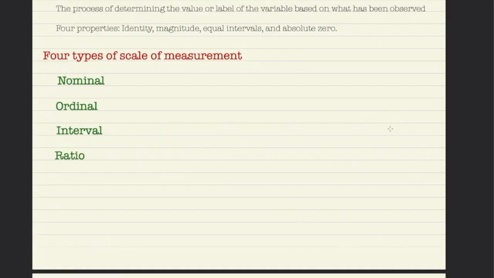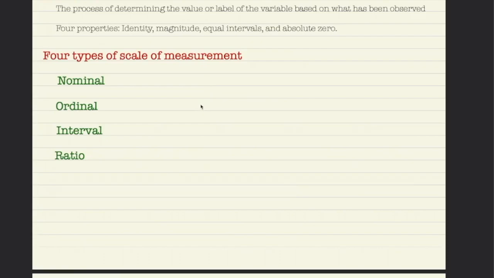Scales of measurement. It is the process of determining the value or label of the variable based on what has been observed. There are 4 properties which we will use to determine the types of scale of measurement. First, we have the identity, magnitude, equal intervals, and absolute zero. 4 types of scale of measurement.